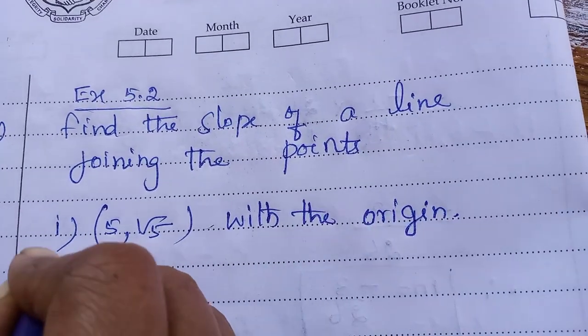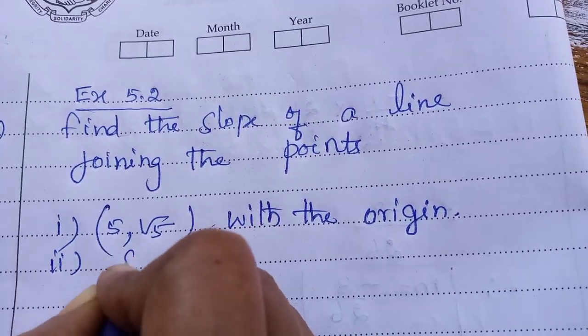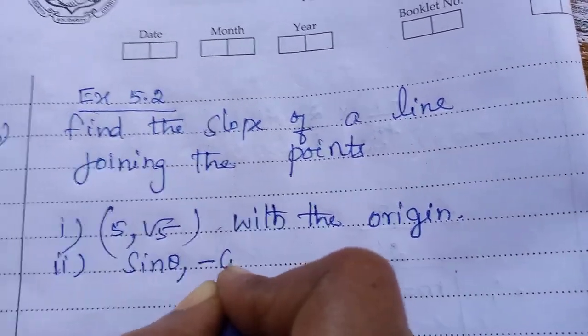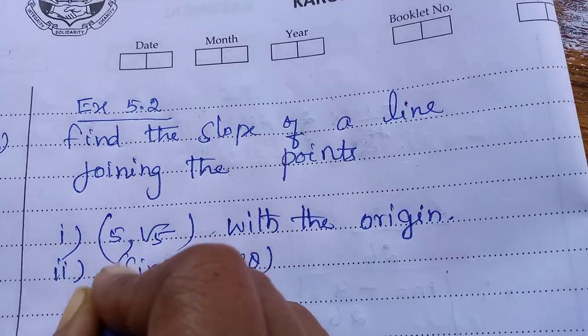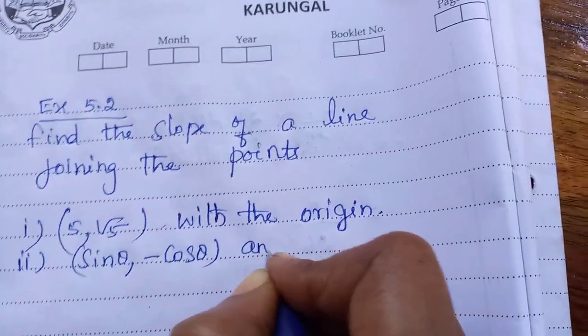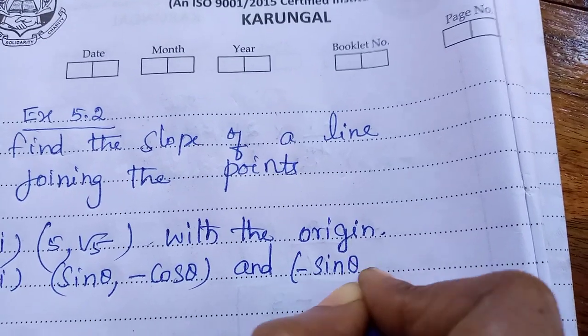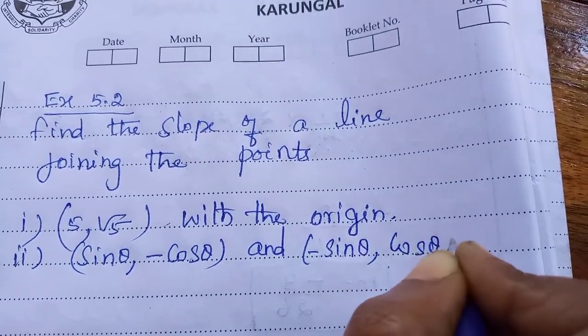Second one is sin theta comma minus cos theta and minus sin theta comma cos theta.